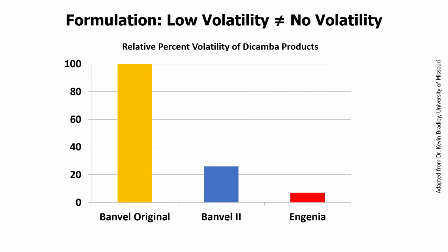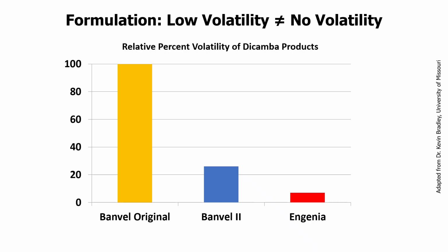And if you're thinking, well, I thought this stuff was greatly reduced in drift? And the answer is yes. Our current dicamba formulations do have less potential for volatility. That's not no potential for volatility, and this is going to matter. There's Banvel Original. That was the original formulation of dicamba, and it was awful.